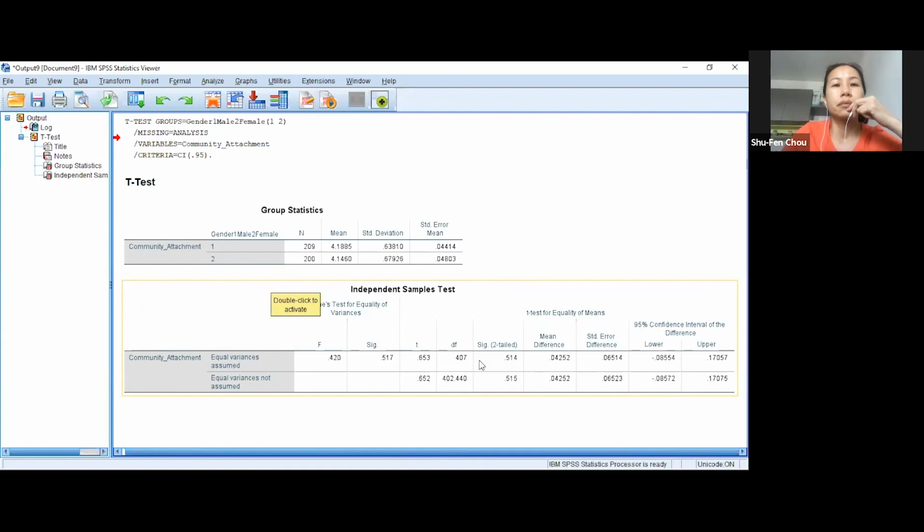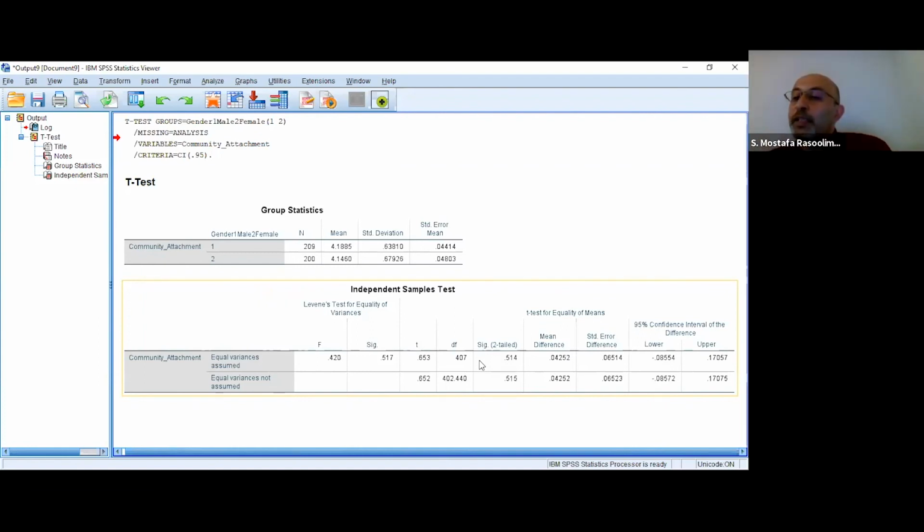It means the difference between community attachment of male and female is significant and positive. It means community attachment of male is higher than community attachment of female, right? So this mean difference is the difference between group 1 and group 2. So we can interpret the result based on these values, right?